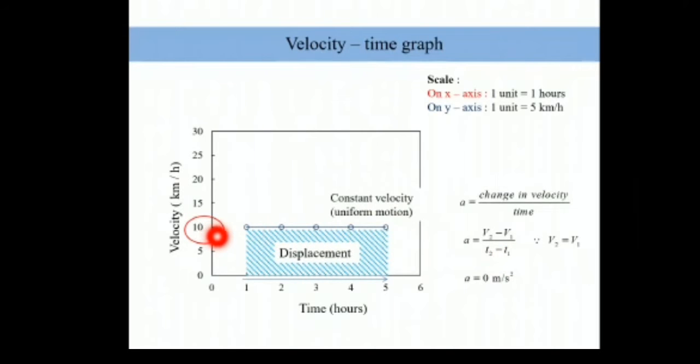Third point, if we draw straight lines at the bottom, whatever area is below this line, the area of that portion will give us the displacement of the object. So three things, very important, everyone has to remember.